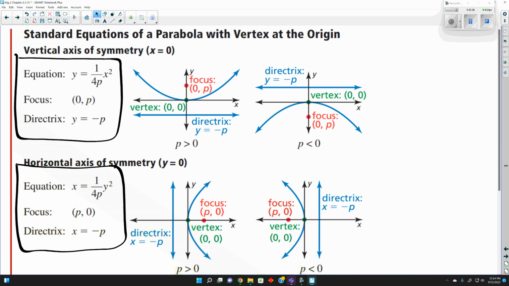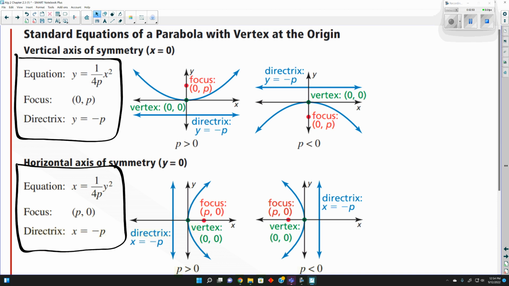And our axis of symmetry is the equation y is equal to 0. And again, this is all with the vertex for either one of these being at the point 0, 0. For all these here, the vertex is at the point 0, 0.